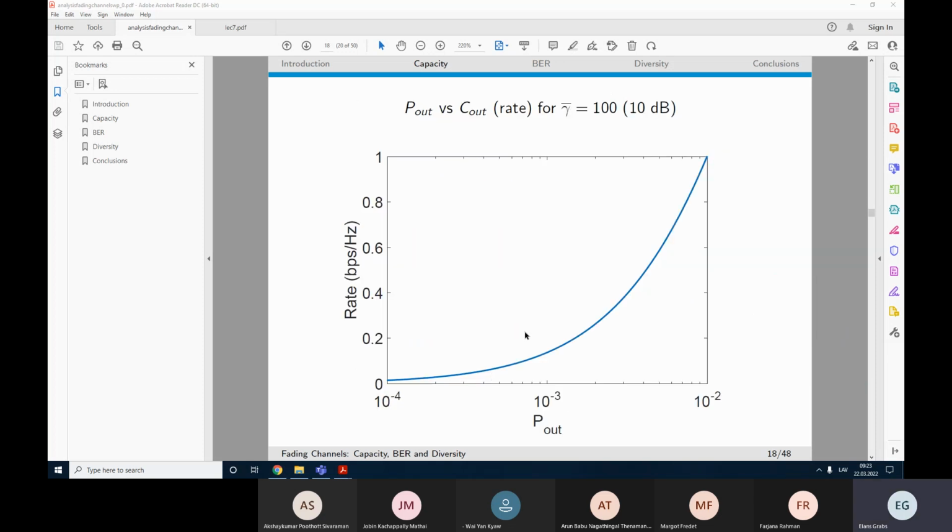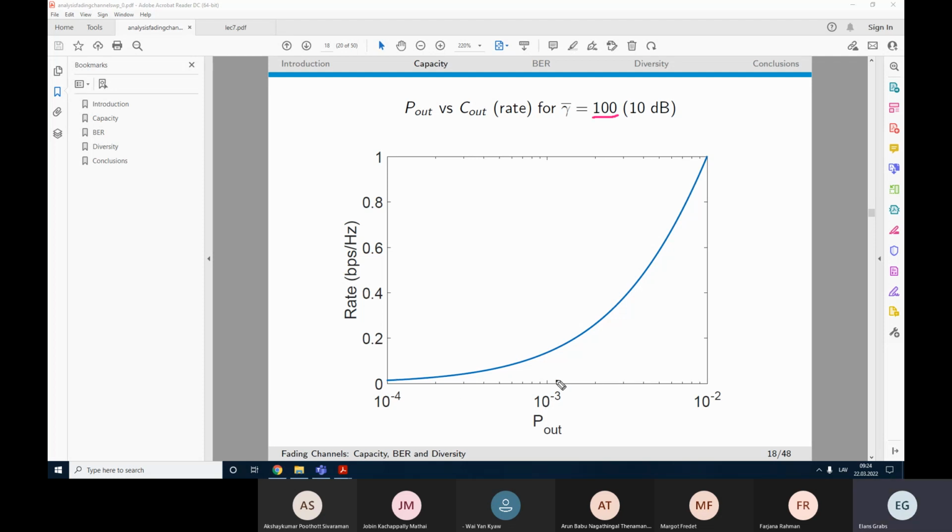So outage probability for this average signal-to-noise ratio, which is, wait a minute, 10 decibel. 10 decibel, okay.